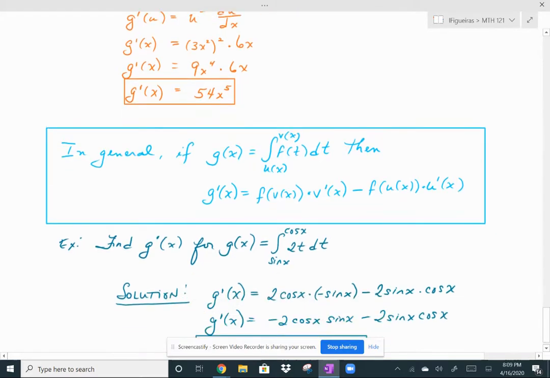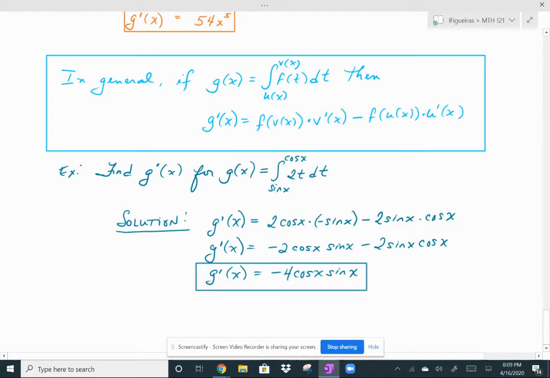So let's do an example where my limits are variable expressions. I want to find g prime of x for g of x equal to the integral from sine of x to cosine of x of 2t dt. Okay, so g prime of x is 2 cosine of x.